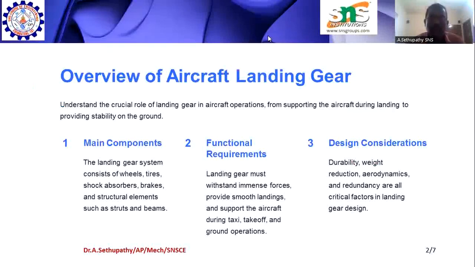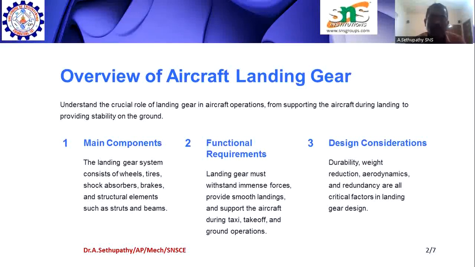Landing gear is one of the most important parts of an aircraft. The landing gear works at the time when the flight is landing. So this is most important. In this case study, we can see the overview of aircraft landing gear. Understand the crucial role of landing gear in aircraft operations, from supporting the aircraft during landing to providing stability on the ground.